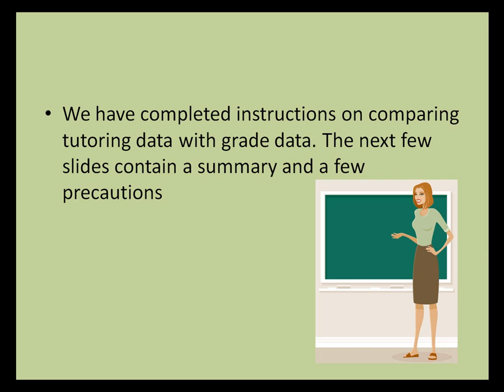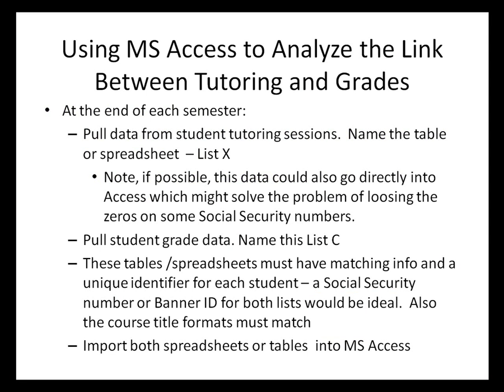This concludes the illustrated instructions on how to import grade and tutor data, how to use queries to compare that information, and then how to use pivot tables to get grade distributions. The following contains a summary of what we did. We pulled 2 lists, our tutoring list and our grades list, into Microsoft Access database.